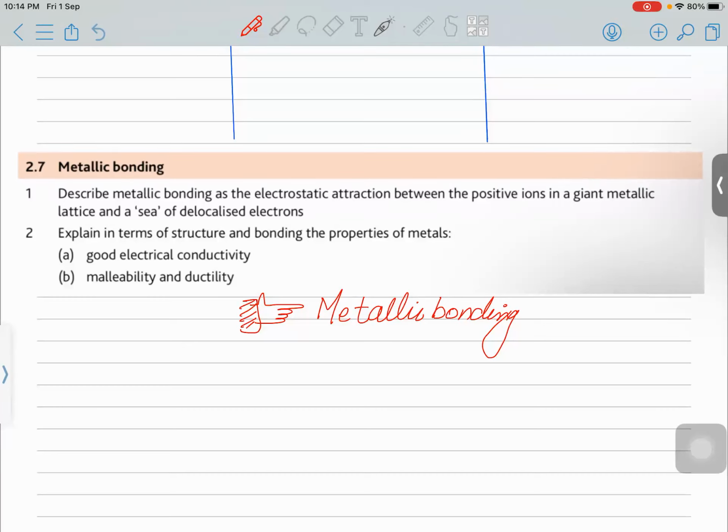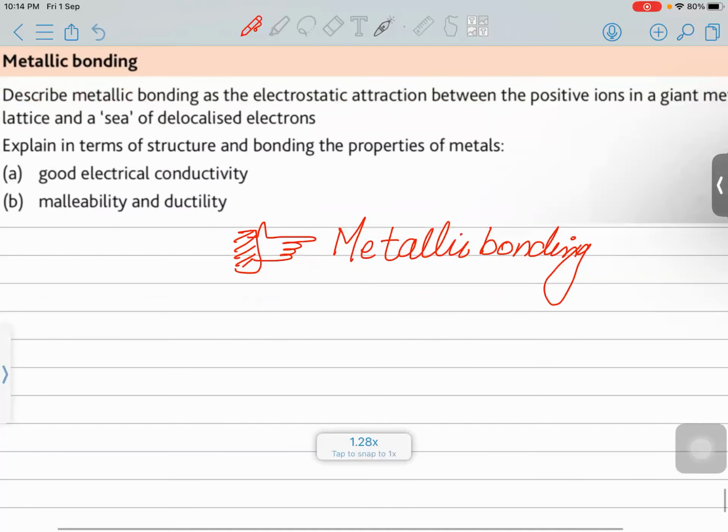They all have metallic bonding. Are you getting my point or not? Sir, does aluminum also count as a transition metal? Aluminum is a metal. It is not a transition metal. It is a metal and it has metallic bonding.